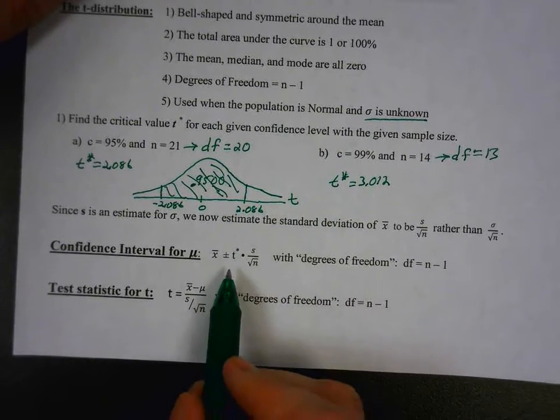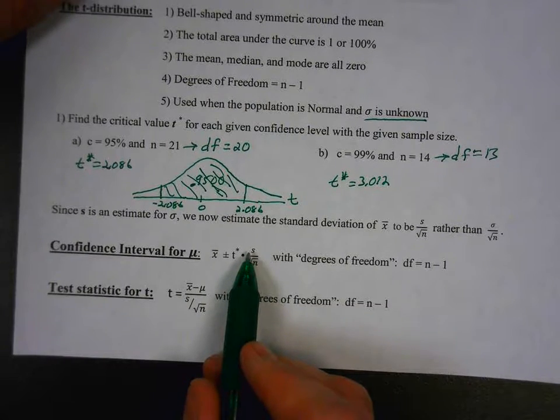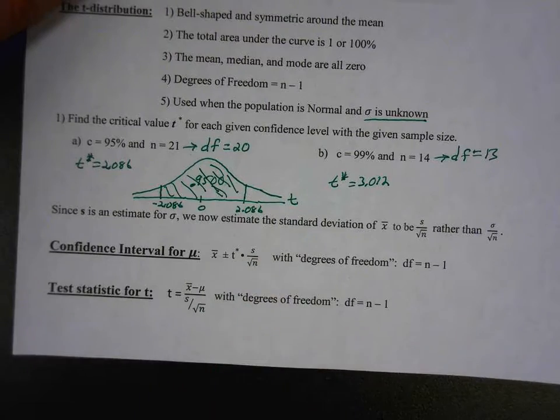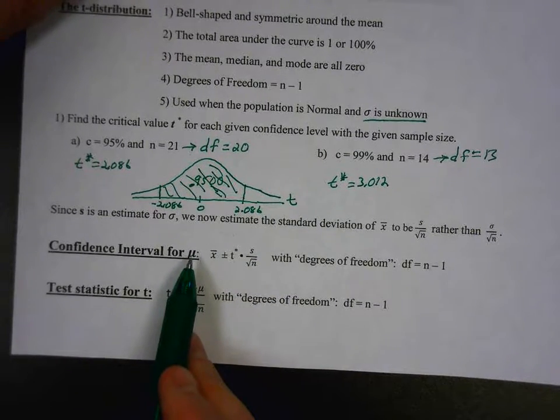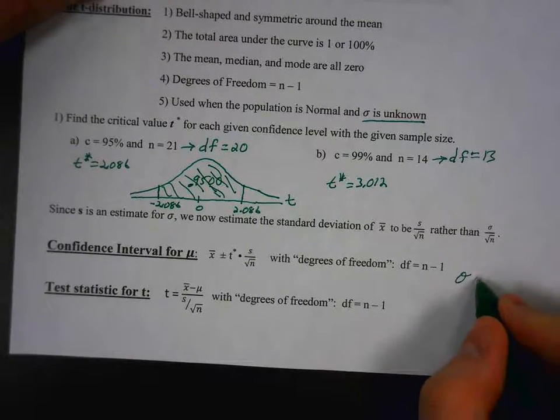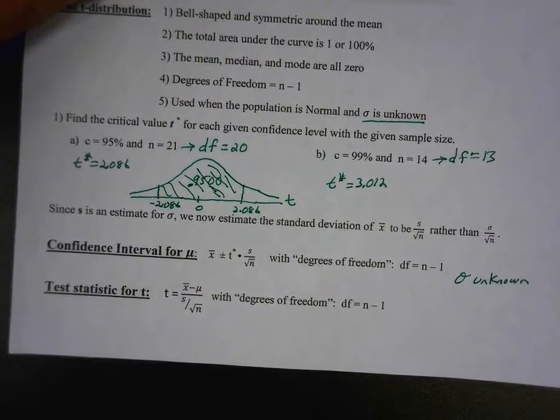Instead of Z star, we have T star. Instead of sigma, we have S. That's the only difference in doing a confidence interval for mu. Again, sigma is unknown. That's the key to this whole thing.